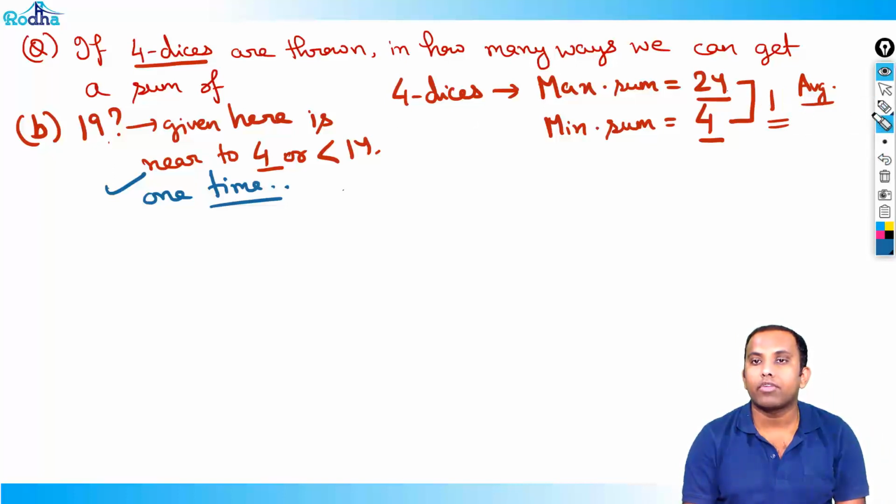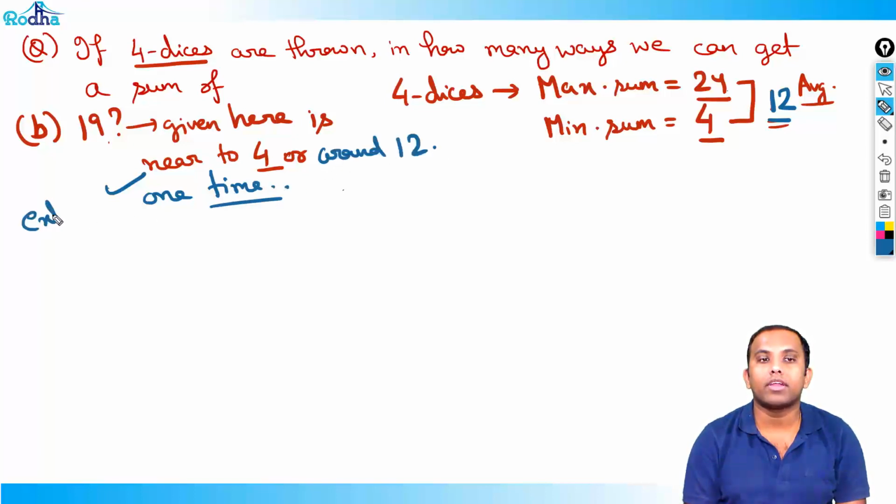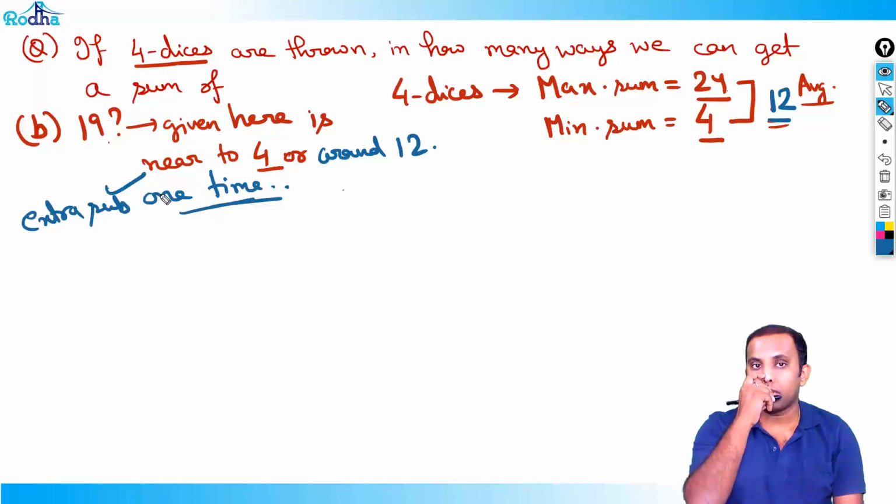Have patience, we're discussing a very good method now. If the number is around 12, then that method will perfectly work. That means near to 4 or around 12, I need to do that extra subtraction only one time and my question will be solved, right?